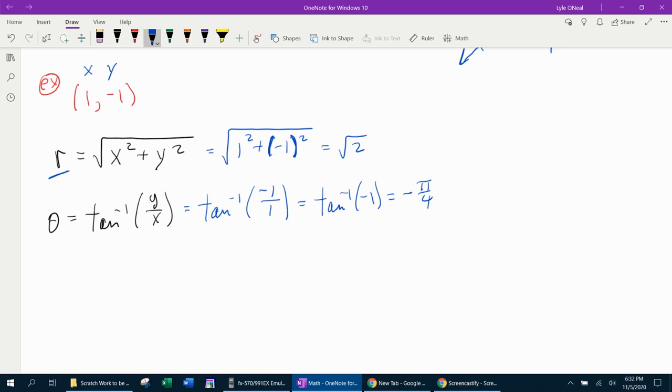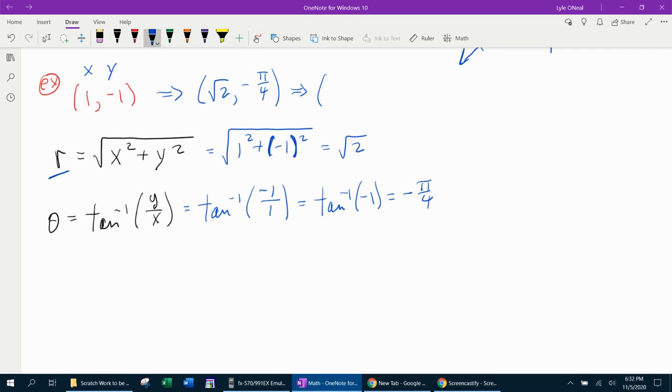All right, so let's look at what we've got here. We now have our polar coordinate, r comma theta, would be square root of 2, negative pi over 4. Let's play the what if game, though. What if they wanted a positive angle?